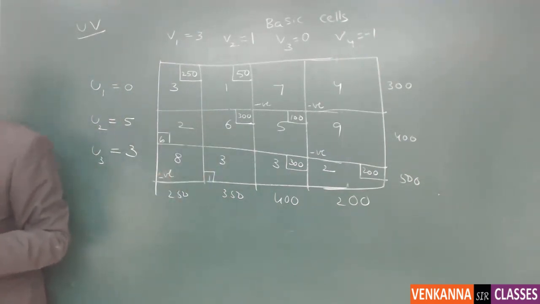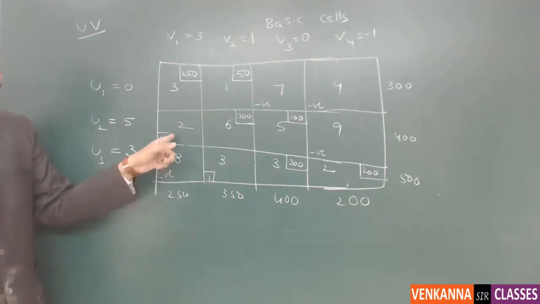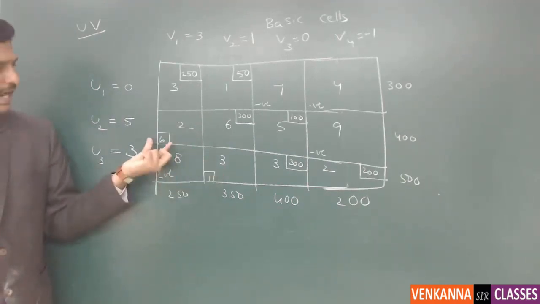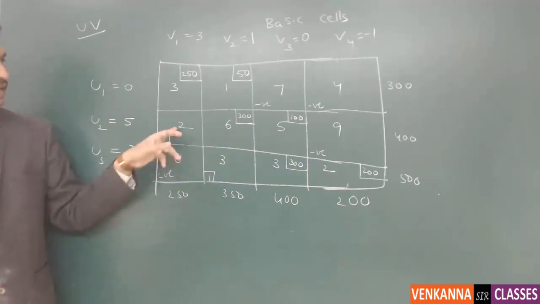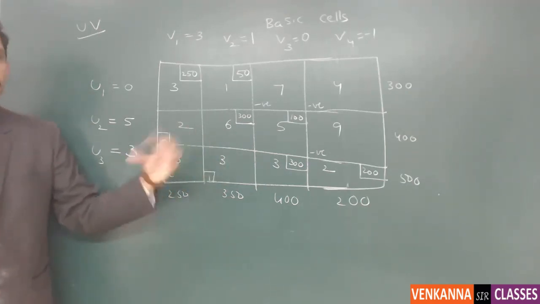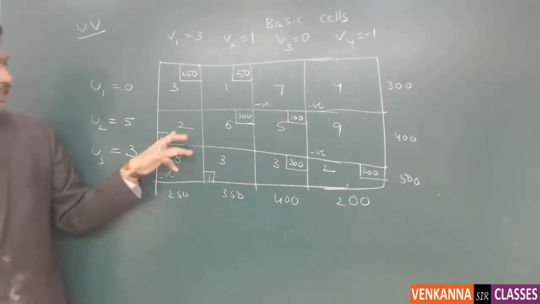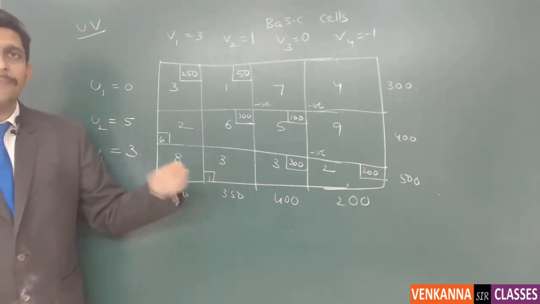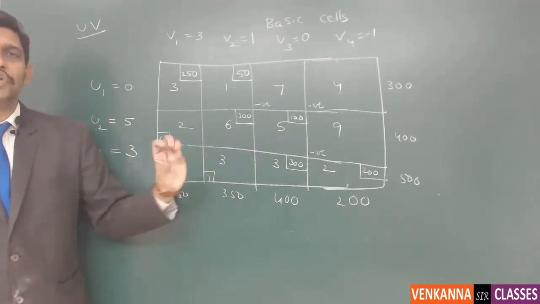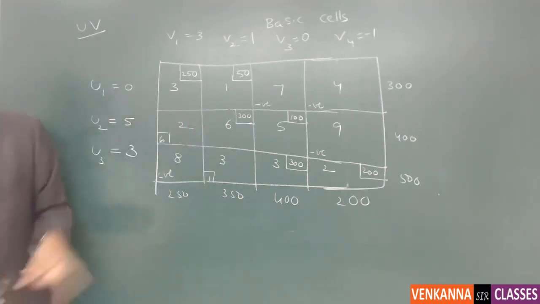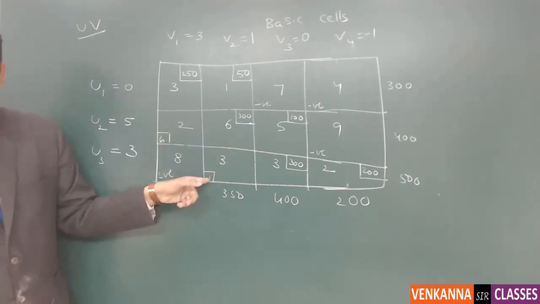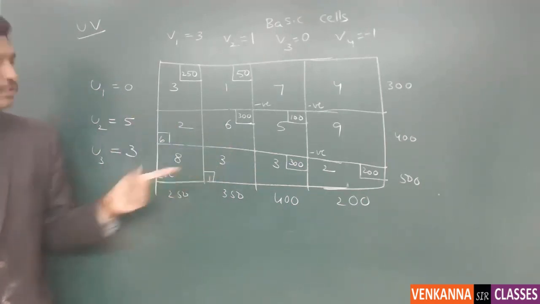That is a basic thing. So here you got two allocations, that here I got the value 6, here I got the value 1. So these two values I can improve. In other words, in the two cells, I can do some allocation so that the solution will be improved or I can find a better solution. So among the two positive values, I should go with the most positive, that is 6.